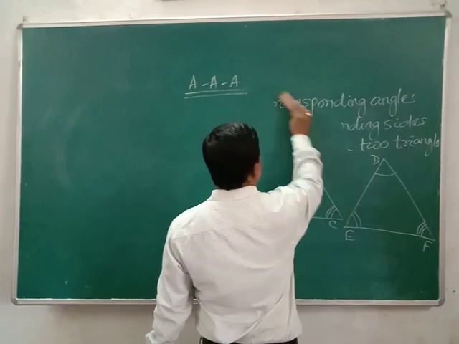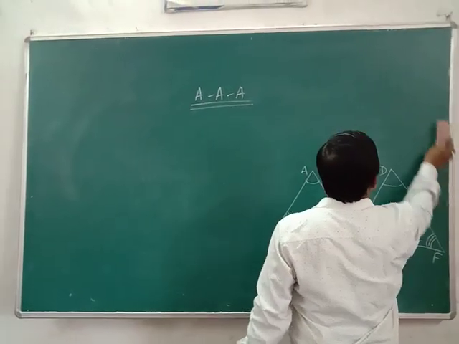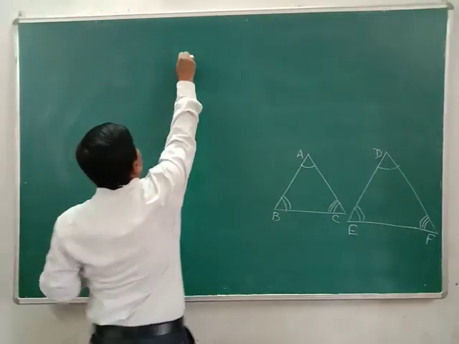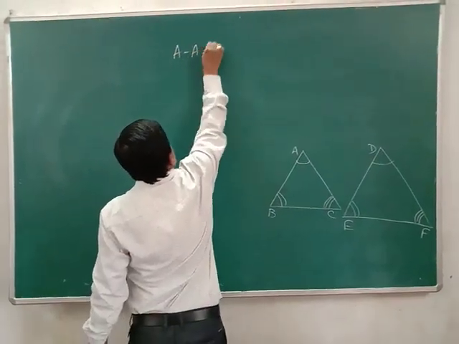So we are discussing the criteria for similarity of triangles. So first criteria, I am telling you, is AAA.